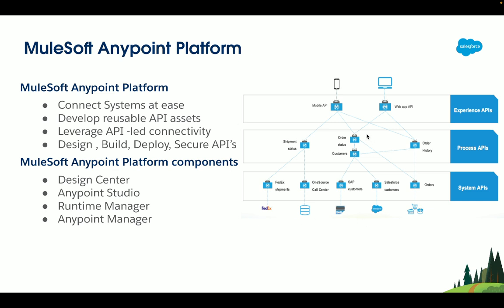Now, with API-led connectivity, we can create multiple APIs. So traditionally, we were creating these monolithic applications where in a single application, we used to connect to systems, transform the data, and then provide the output to other systems, right?